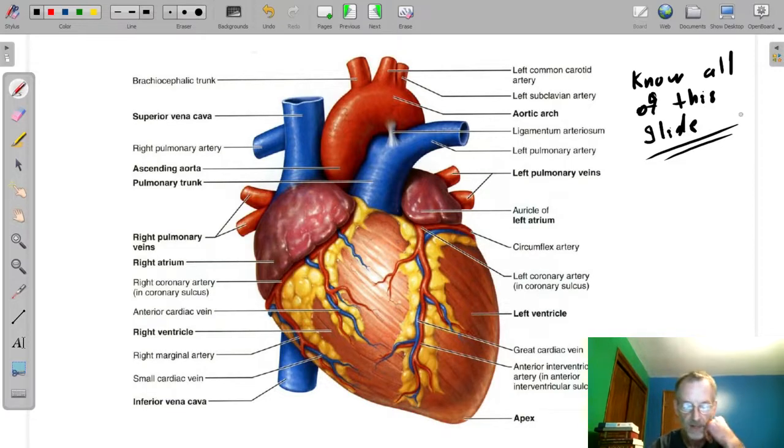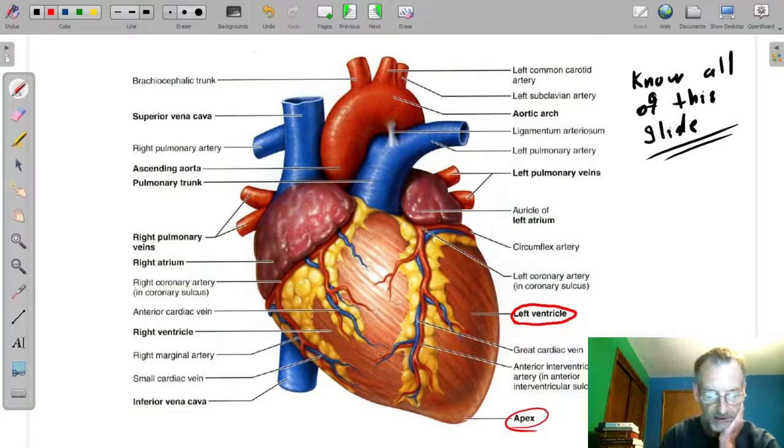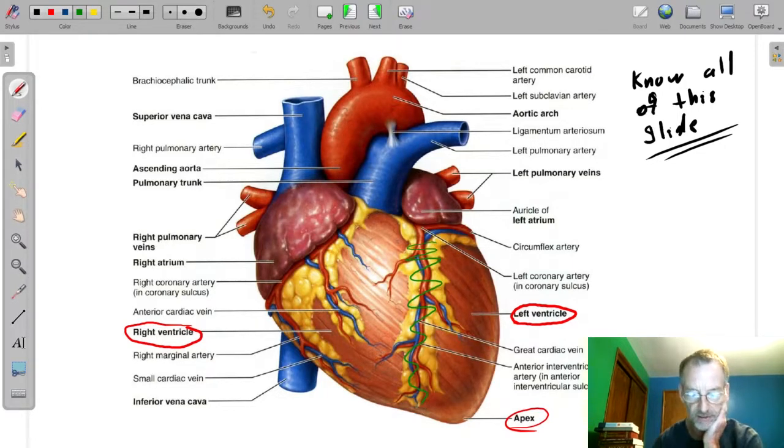Okay, so here is the left ventricle. So we're oriented. There's the apex, and all of this over here on the other side is the right ventricle, of course. We're talking about this anterior interventricular sulcus between the two ventricles.